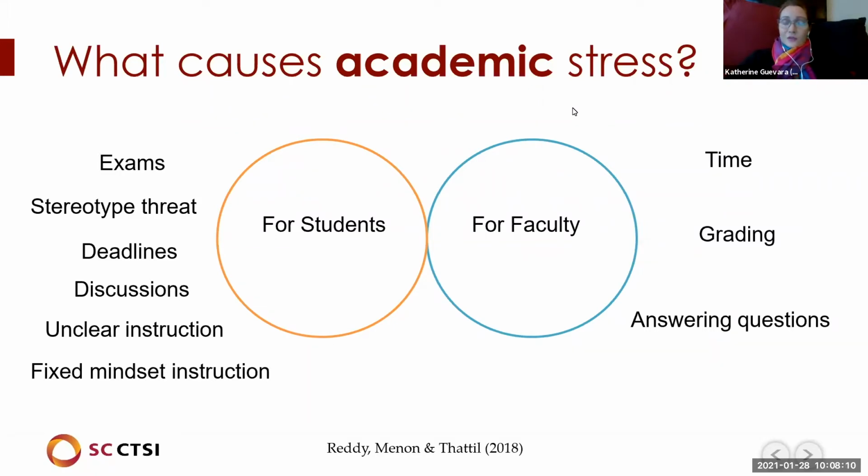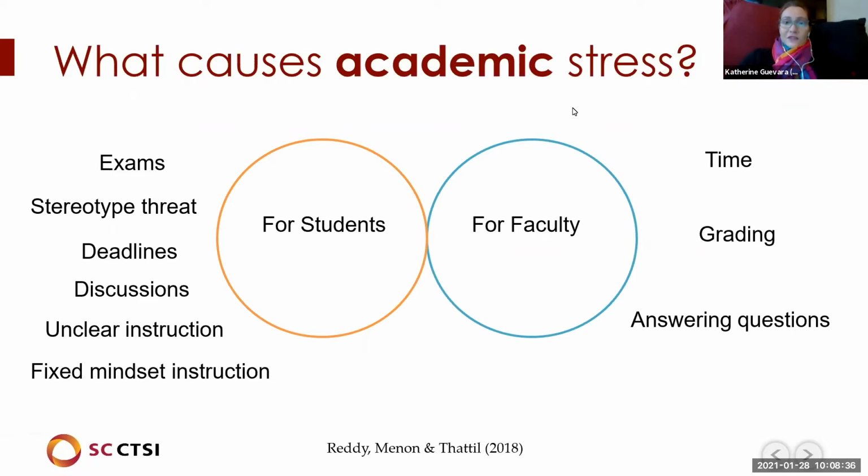Discussions that touch upon subjects like race and gender make the students experience more academic stress. And when they feel the instructor has what's called a fixed mindset, when they feel like the instructor doesn't believe that they are able to achieve it, or when the instructor communicates that things are, quote, easy, when in fact they could be quite challenging, but yet we believe the students can achieve them.